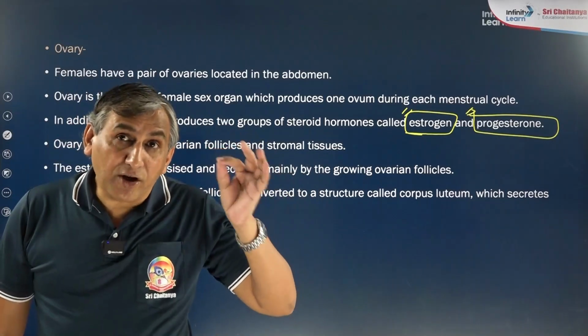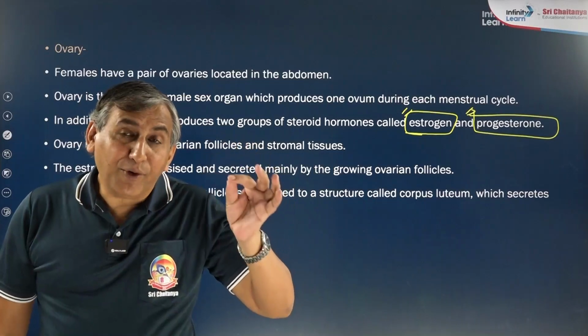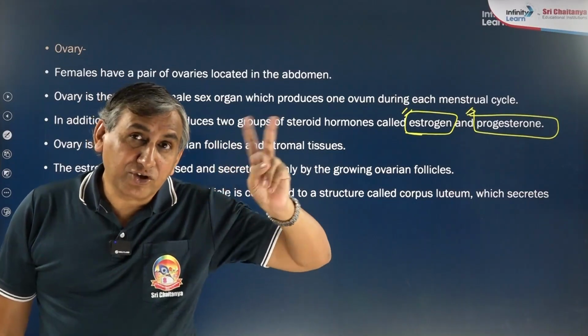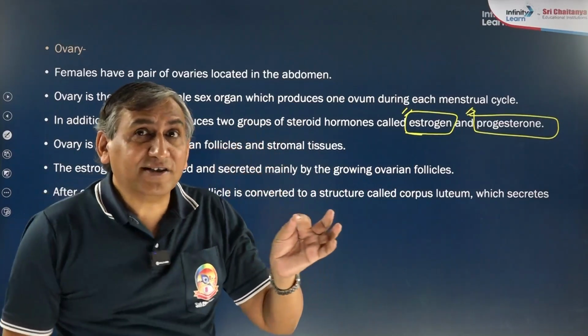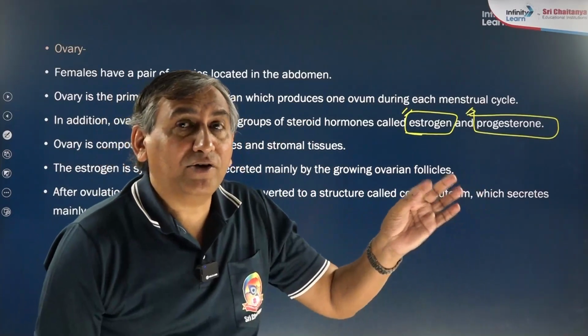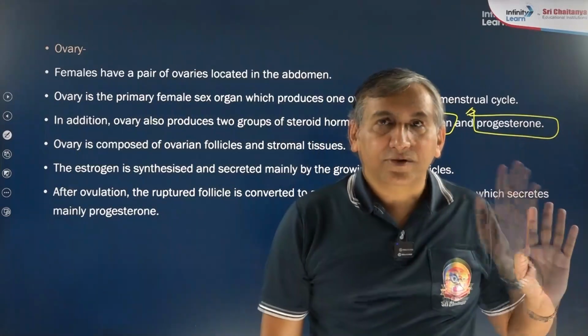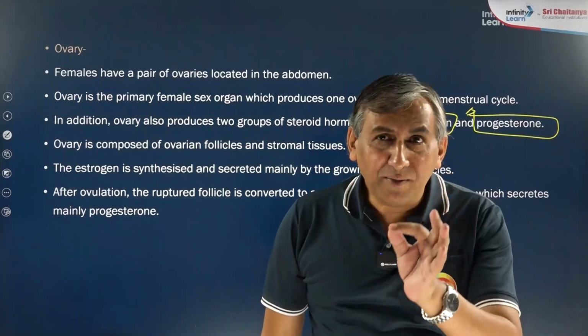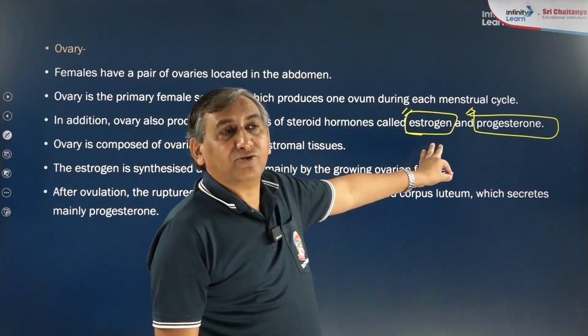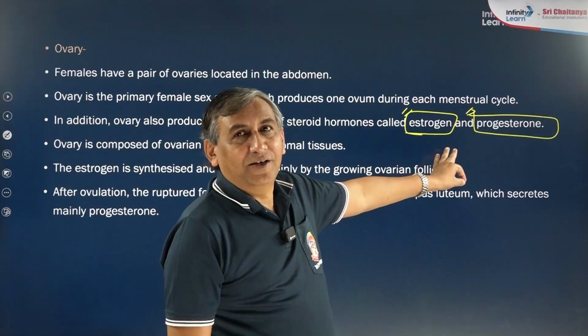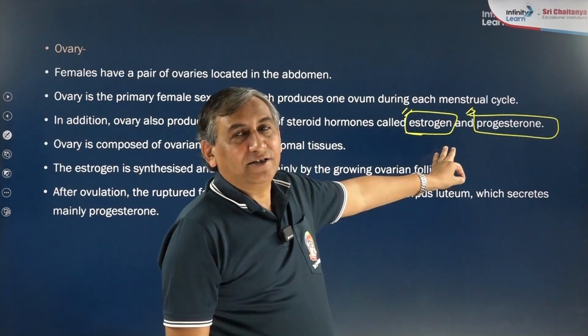One point, remember, I will compare testosterone with the estrogen. In male, who is responsible for the development of secondary sexual characters? Testosterone. In female, who is responsible for the development of secondary sexual characters? Estrogen. We used to say, age is increasing.